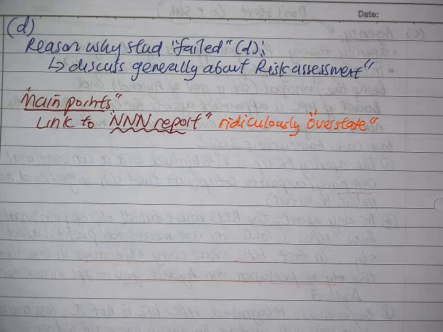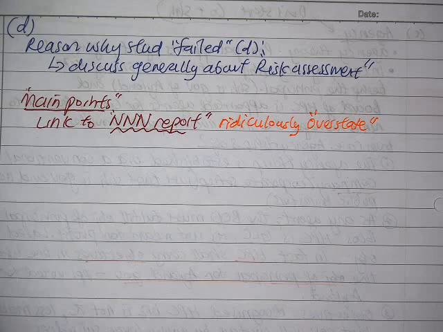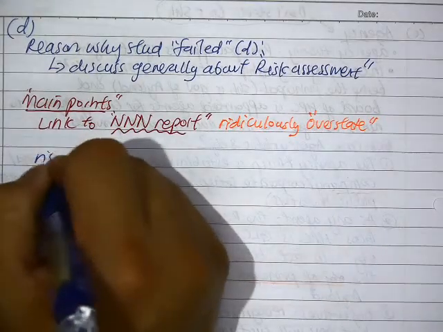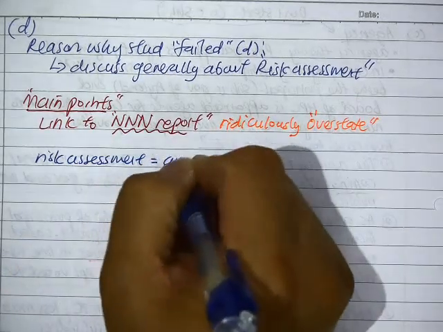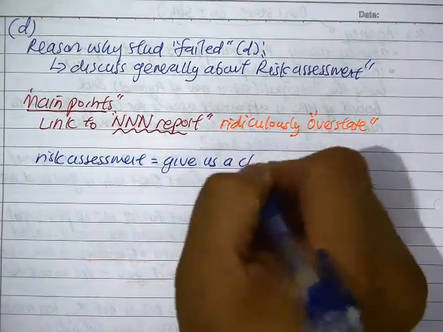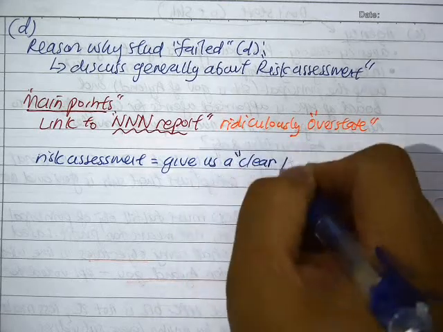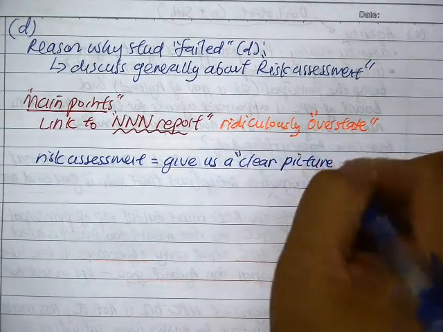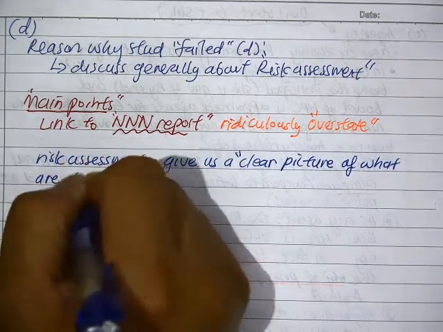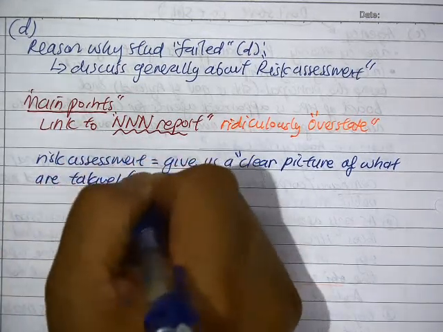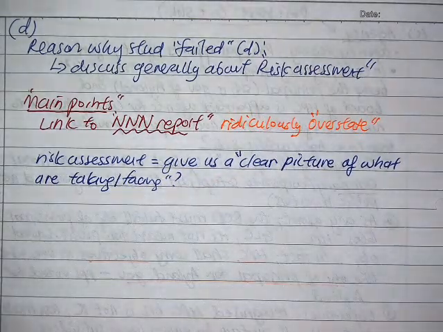So that's why it's very crucial and very critical that you got to tell them in the answer that risk assessment is meant to give us a clear picture of what we are taking or facing.